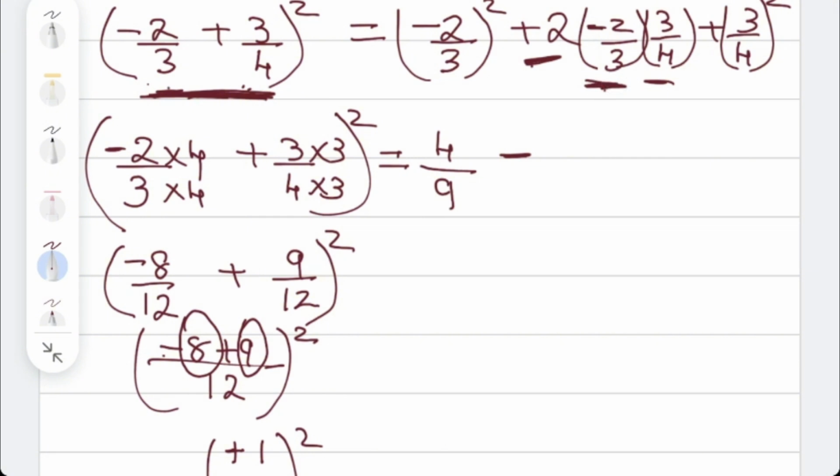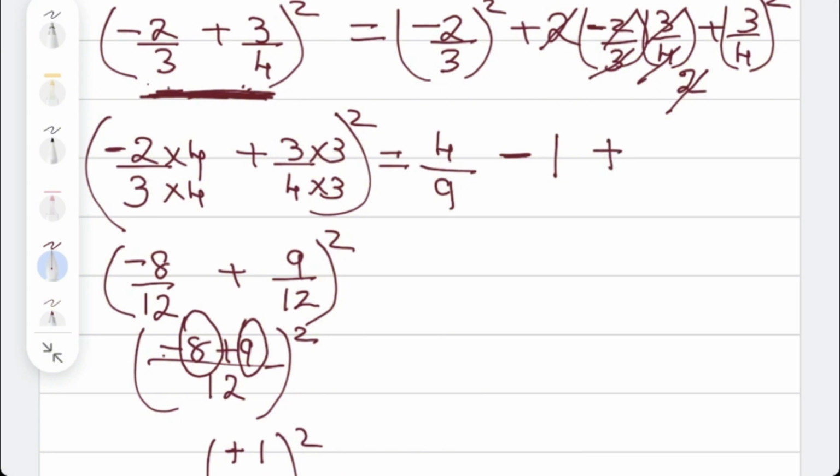Here 3 and 3 we can cut, and this 2 is divisible into 4, it will go twice, and again there is a 2 here, we can cut this 2 with this 2. So we have cut all the numbers, nothing is remaining, so it is 1, and the sign is minus.